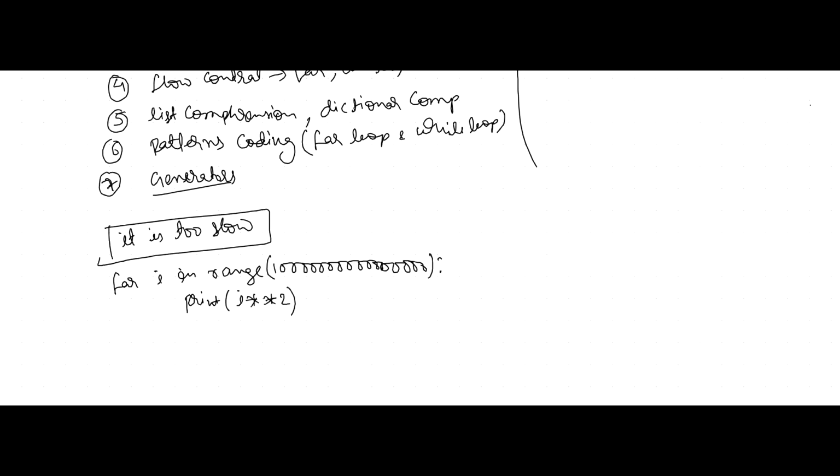Can you imagine how much time it will take? In your Jupyter notebook, just before this code, add %time. This is a magic command, we'll see later what magic commands are. This will give you the execution time for this code.